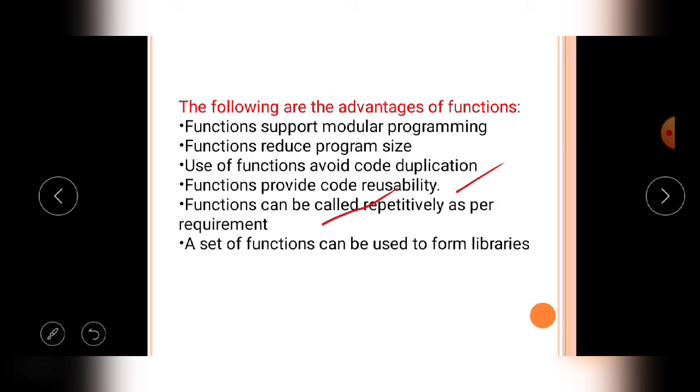For example, in the conio.h header file, there are so many functions. I want to use only the clrscr function for clearing the output screen. For that purpose, from that group of functions, I use only the clrscr function in my program. Like that, functions can be called as per requirement.